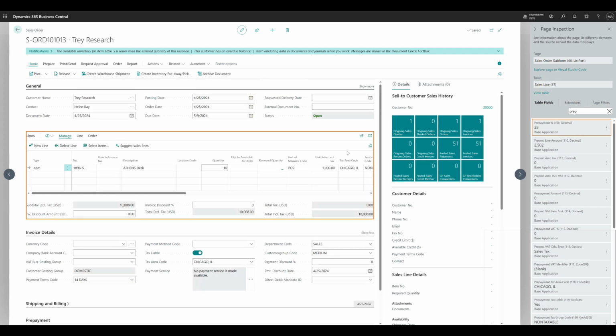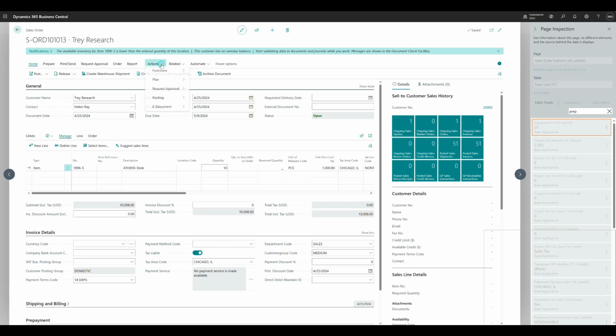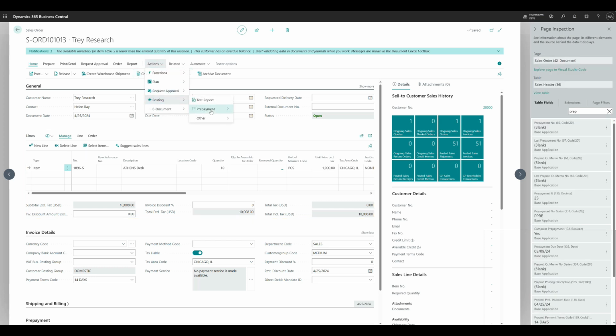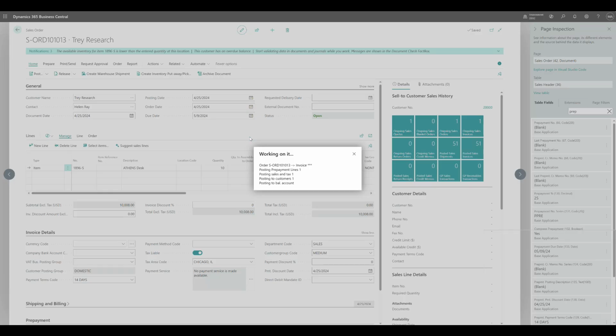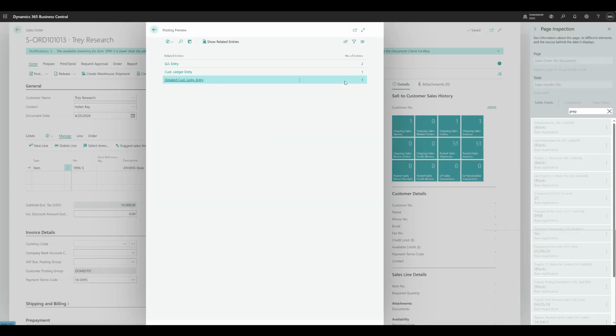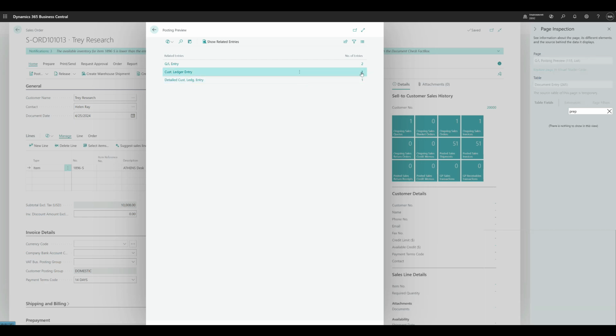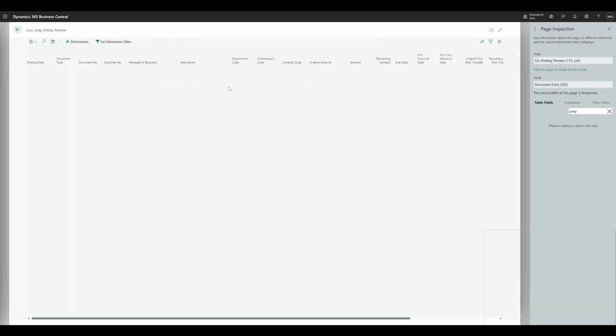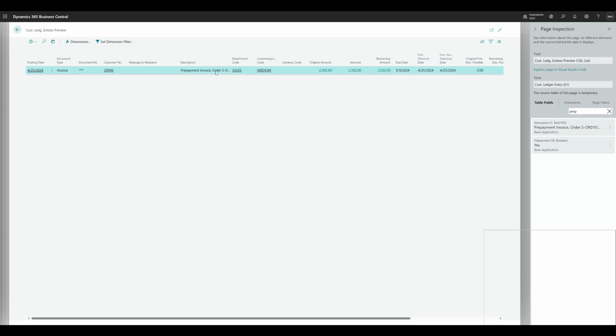We're now ready to post the prepayment. You go to Actions, Posting, Prepayment, and you can click on Post Prepayment Invoice. Before we do that, we can do the Preview Prepayment Invoice just to see how it looks. We can see the customer ledger entries: we generated a prepayment invoice for 2,500, 25% of 10,000.